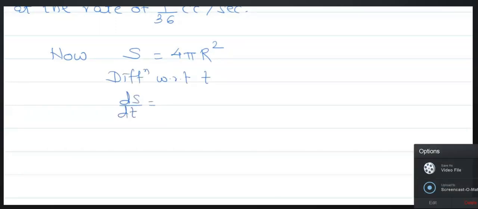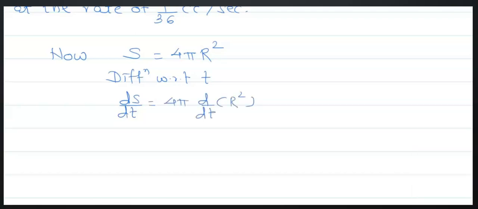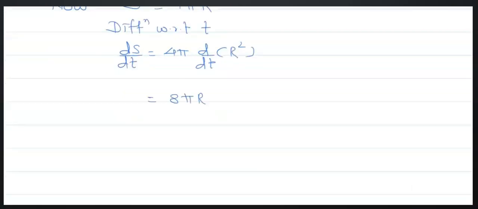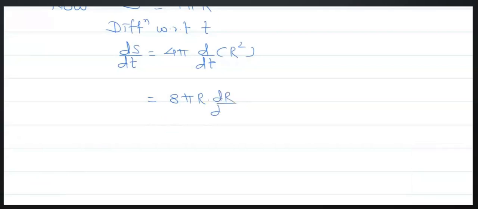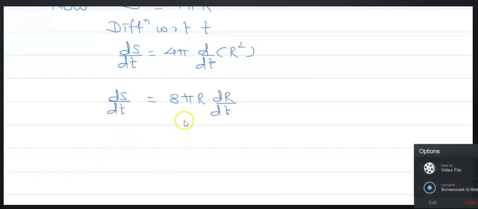Now S is equal to, what's the surface area of the sphere? S is equal to 4 pi r square. Now differentiate this with respect to t. dS upon dt is equal to 4 pi d by dt of r square, which is 2r into dr upon dt. And overall the multiplication is dS upon dt is equal to 8 pi r into dr upon dt.